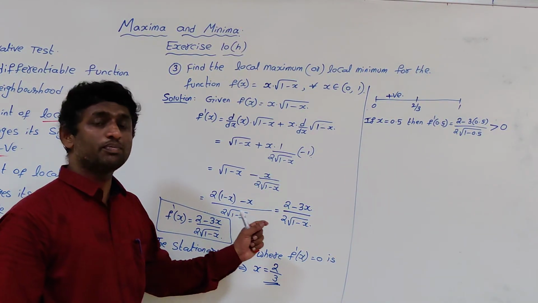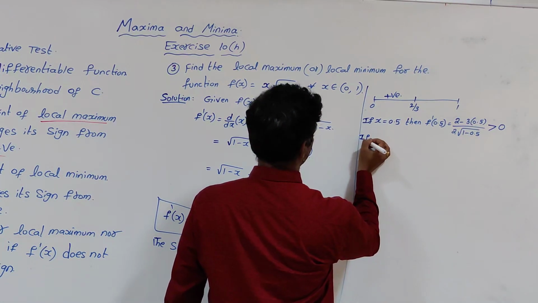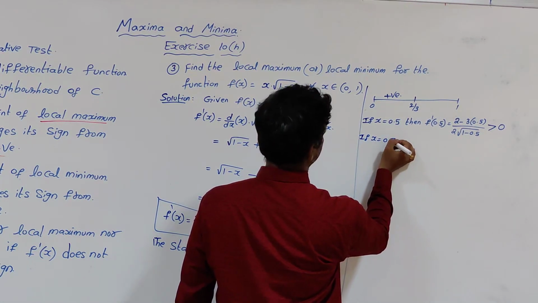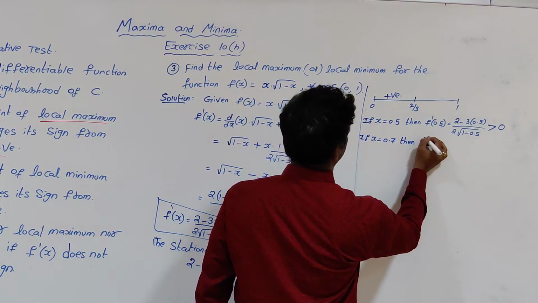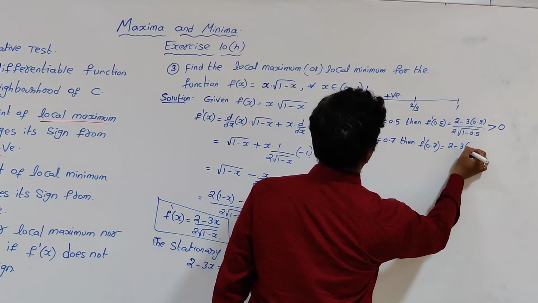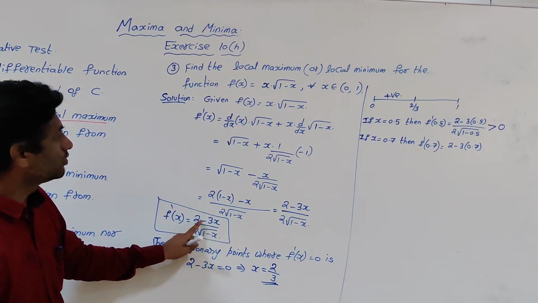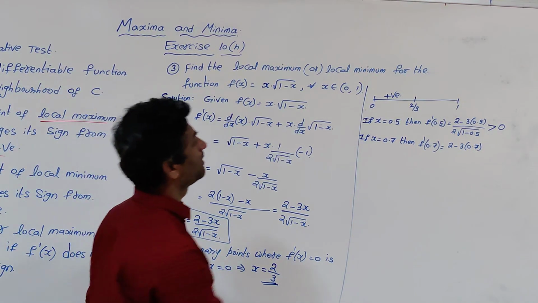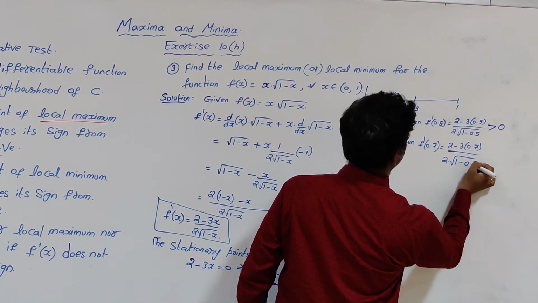Next, choose a point after 2 by 3. If x is equal to 0.7, then f dash of 0.7 will be 2 minus 3 times 0.7 by 2 into under root of 1 minus 0.7.